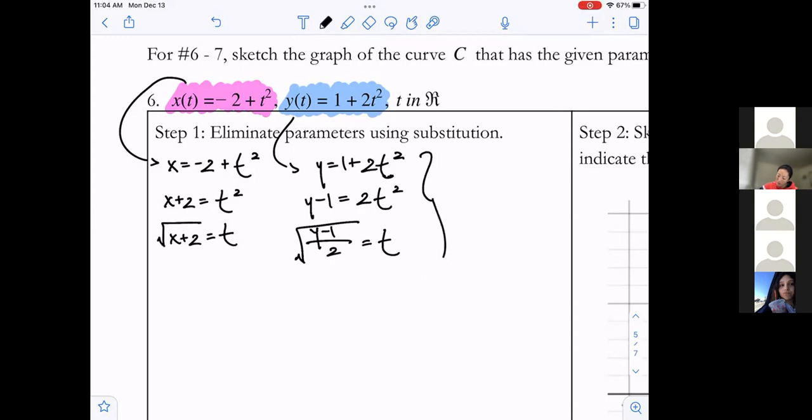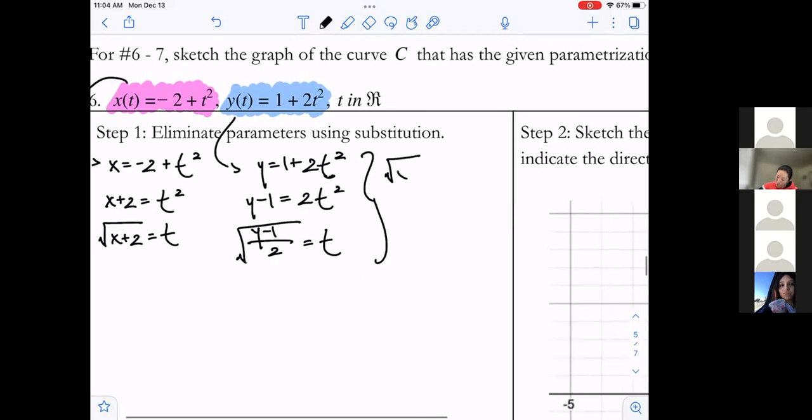Okay, and so we'll get square root of x plus 2 equals square root of y minus 1 over 2. Great. I think you've achieved that goal, right?